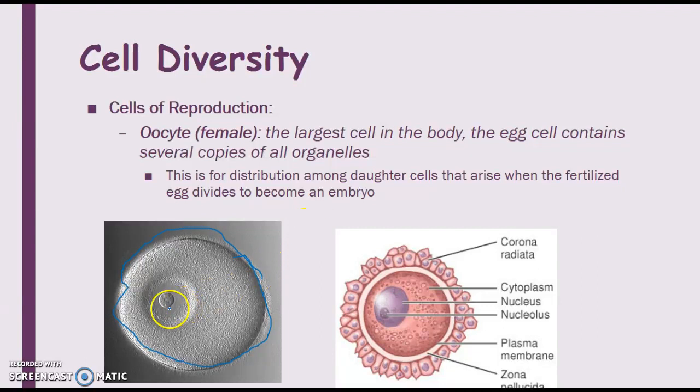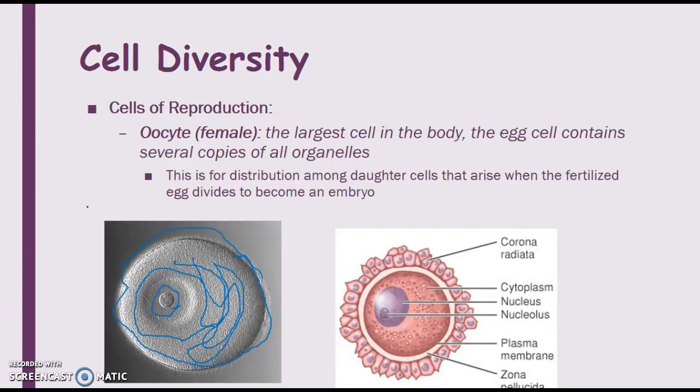Here's the nucleus right here. So that would be where the DNA from the mom is. And then all this area here is just going to be mitochondria, endoplasmic reticulum, Golgi apparatuses. It's going to be just a lot of organelles so that when sperm meets egg, it can rapidly divide.